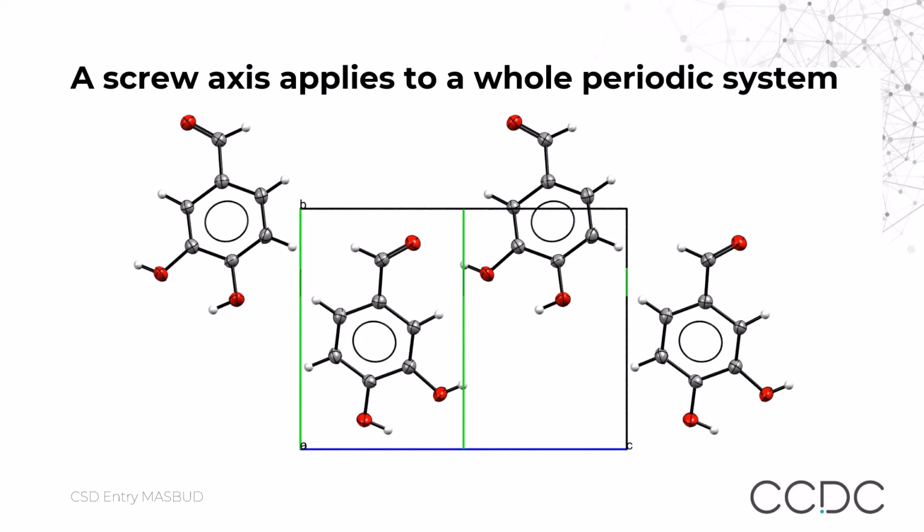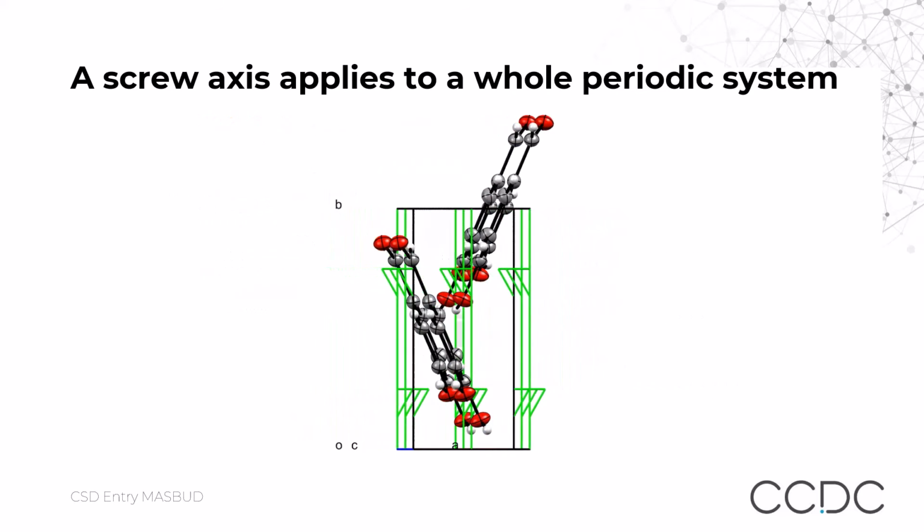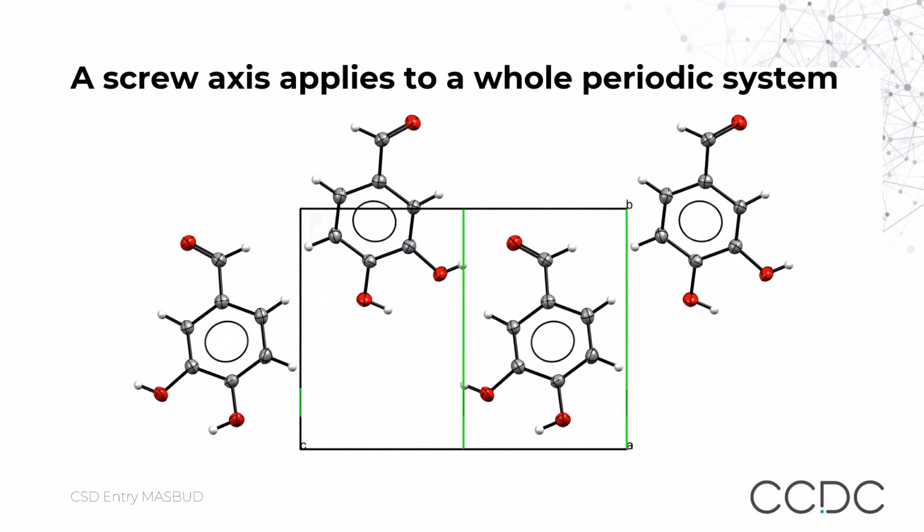For example, the 2-1 screw axis shown in the center of the unit cell relates not only these two oxygen atoms to each other, or these two molecules within the same unit cell to each other, but also these two from neighboring unit cells. The symmetry element applies to the whole infinite periodic lattice.